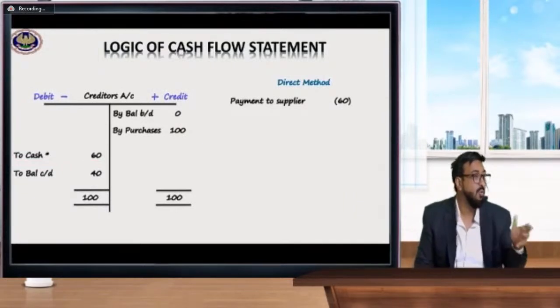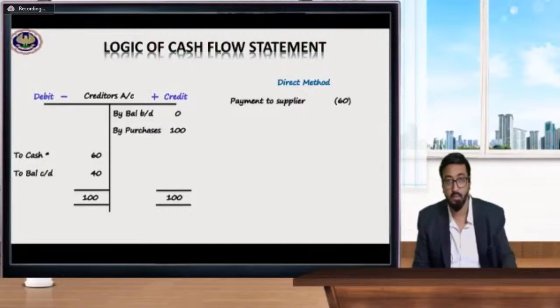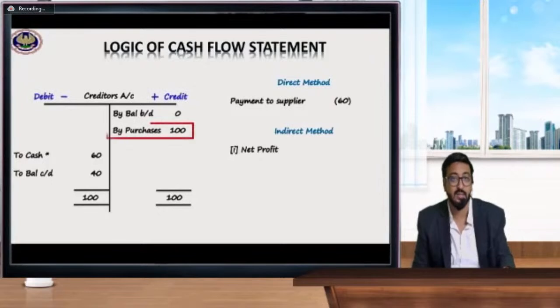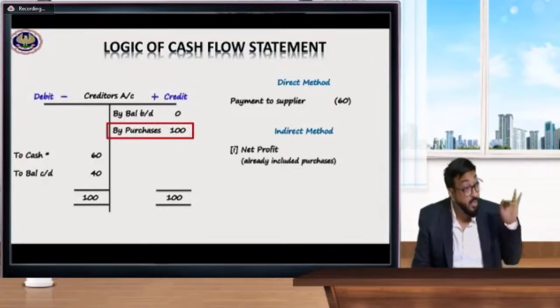And in the indirect method, what do you focus on? You will start with net profit, but net profit is already inclusive of purchases. Will net profit reduce or increase due to purchases? Reduce.